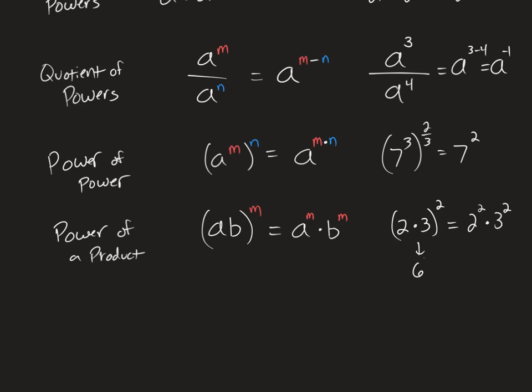This is 6 squared, which is 36, and this is 4 times 9, and 4 times 9 is, by the way, 36. So these properties hold. I'll erase some of this stuff because I really want you to think about what this property is that we're really addressing here. And I'll put a big box around the thing that I think is the most important.